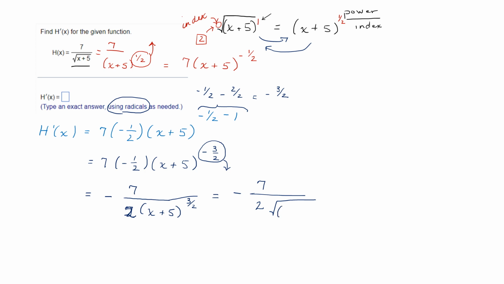We're going to have the x plus 5 to the power, which is now 3, and the index, which would go right here. But if it's not there, we assume it to be a 2. So that would be your final answer.